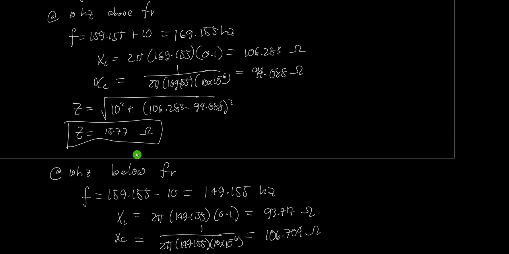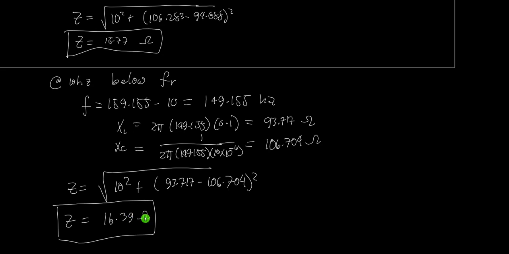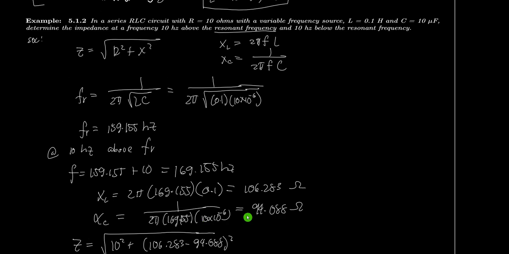So this is the impedance when the frequency is above the resonant frequency by 10 hertz. It's 15.77, and if it's 10 hertz below, then it should be equal to 16.39 ohms.